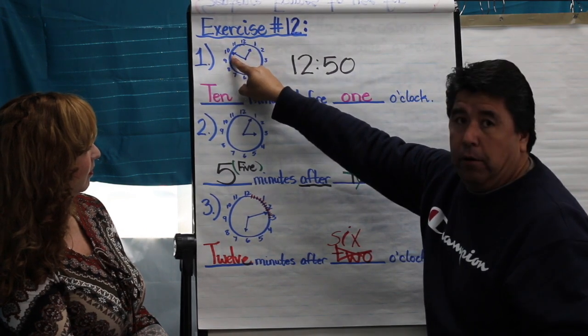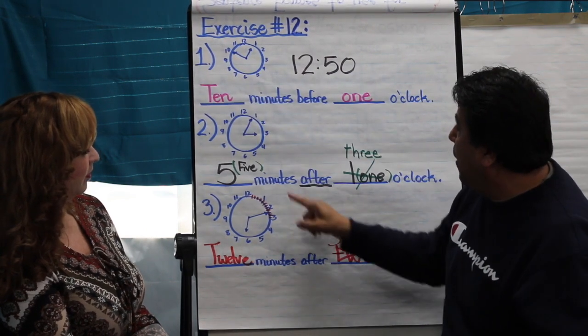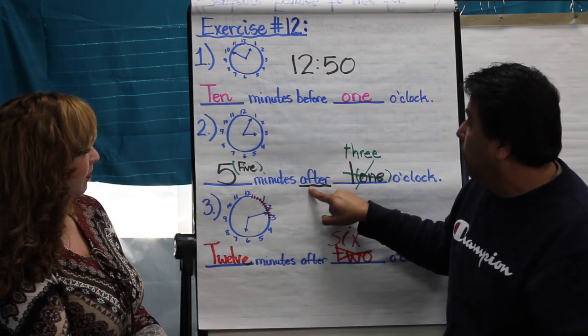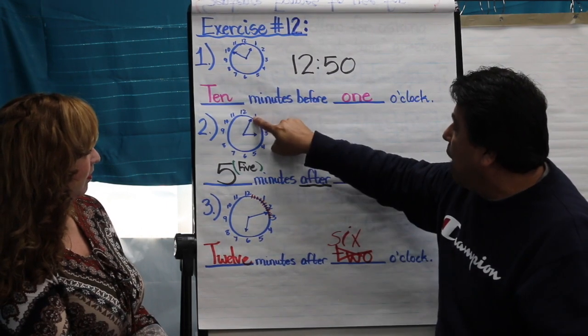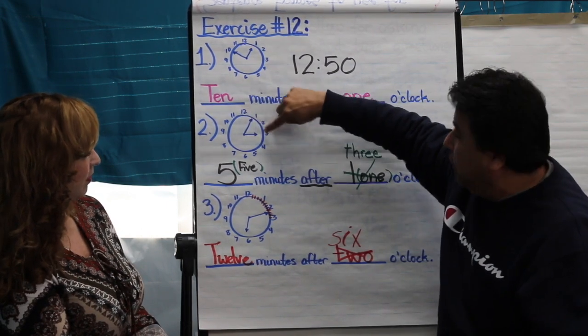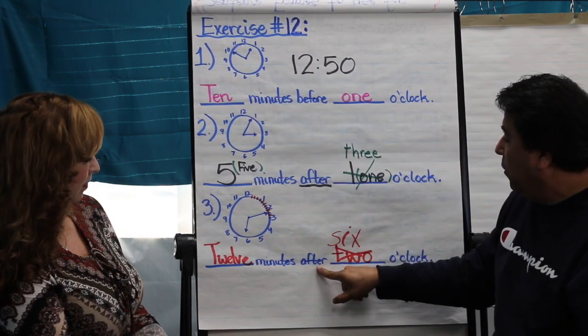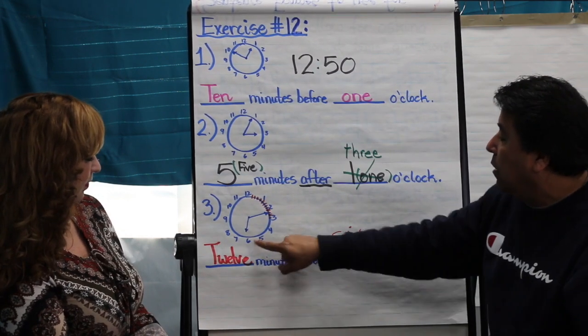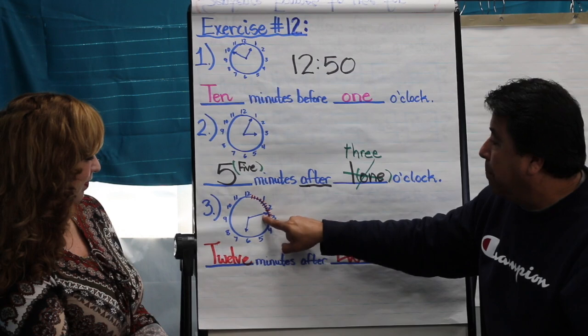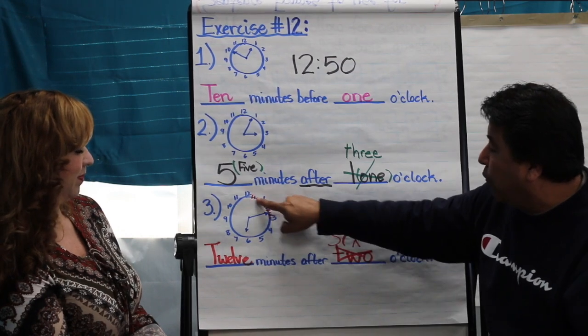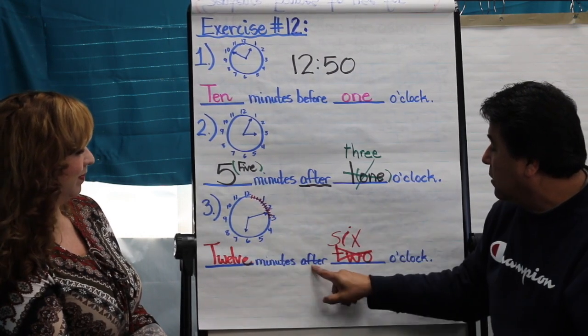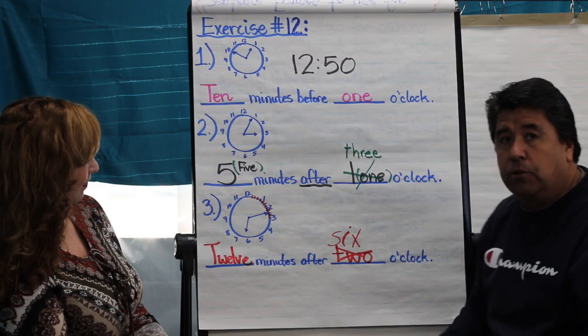It's before. Okay? After. Okay? So we have 5 minutes after the hour. Right here, again, what's the hour? 6 o'clock. But my minute hand is after the hour. Okay? This is why I'm using that. So keep that in mind.